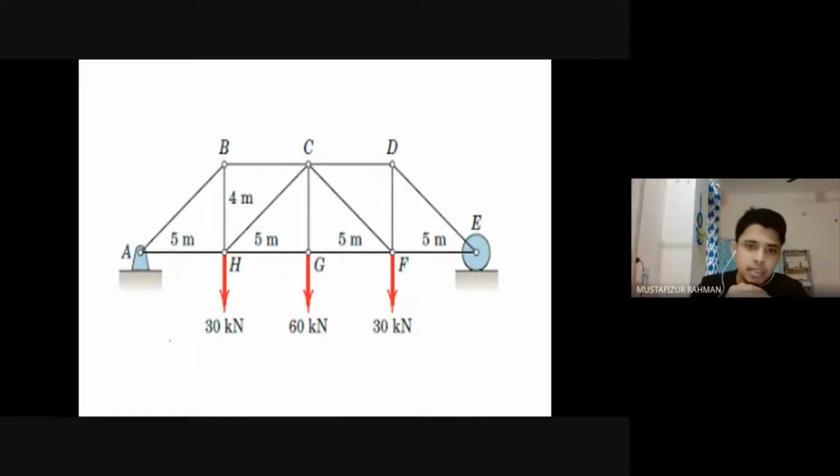There may be other types also, like hydrostatic load, and hydrodynamic load. Hydrostatic load comes when the load is due to water in static condition, still water, like a reservoir where water is stored and the load comes onto the structure. These are different types of loads that we should know and be familiar with.